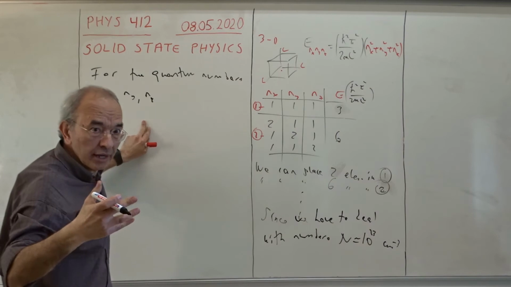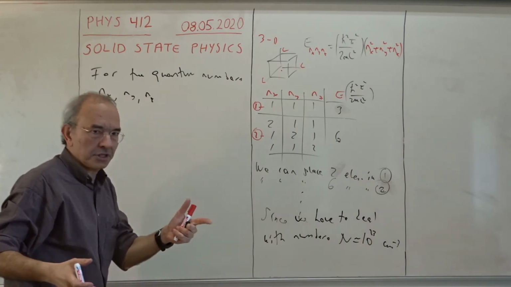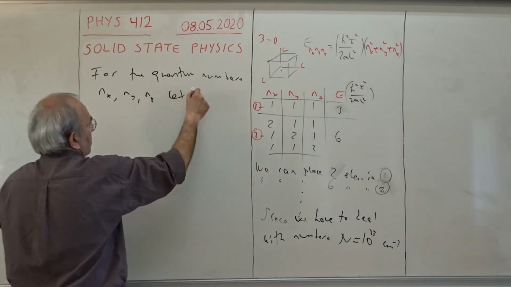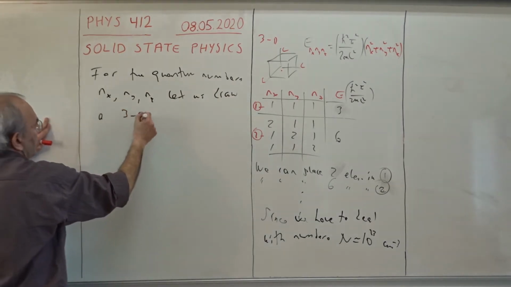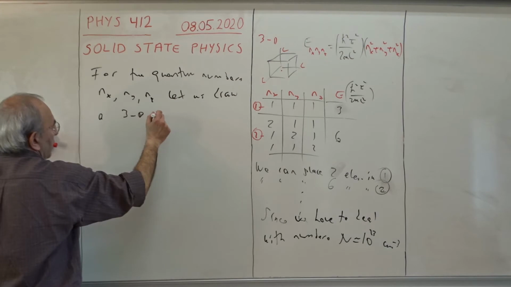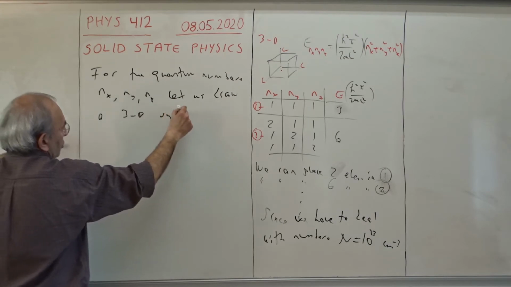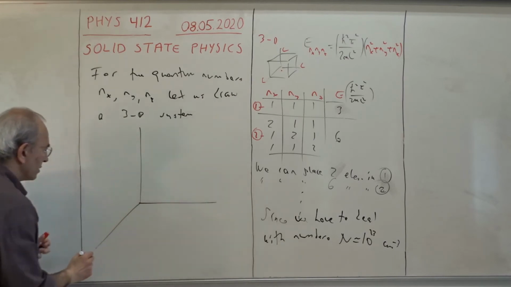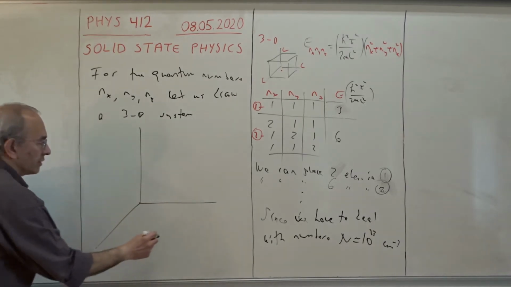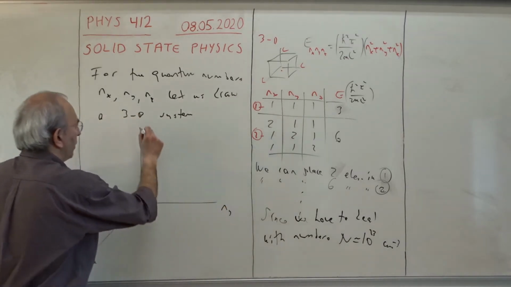Let us draw a three-dimensional system of coordinates. So this is n_x, that's n_y, and this is n_z.